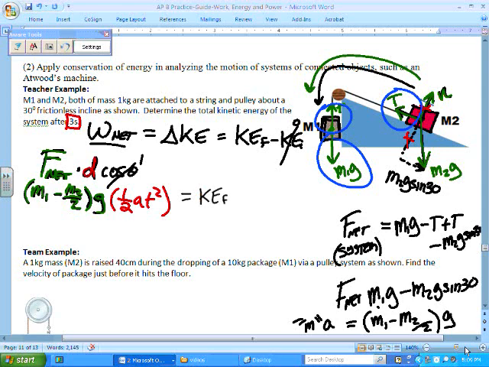Alright, now what is A? If we go back to the lower right-hand corner of the page here, if we divided our F net, which is m1 minus m2 divided by 2 all times g, by the total mass, that should give us A. So I could write A equals m1 minus m2 divided by 2 all times g, divided by the total mass of m1 plus m2.